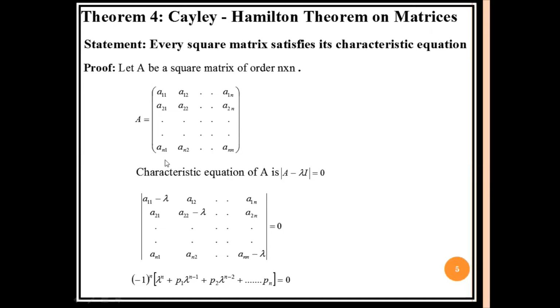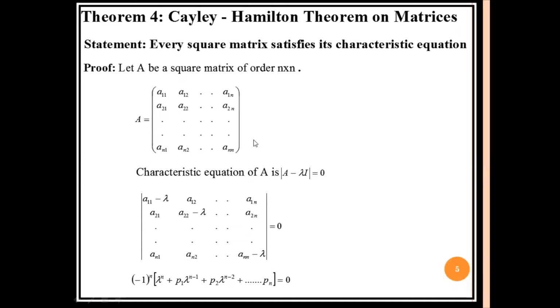Now, after taking A, we have to consider the characteristic equation of A. The characteristic equation is always the determinant of A minus lambda I equal to 0. What is the determinant of A minus lambda I? In the diagonal elements we have to subtract lambda, that is a11 minus lambda, a22 minus lambda, and so on, ann minus lambda, and this determinant is equal to 0. Now expand this determinant.